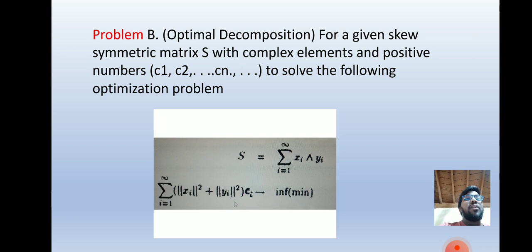To solve the following optimization problem, S is equal to sigma i equal to 1 to infinity of xi symmetric yi, minimizing sigma i equal to 1 to infinity of the modulus squared of xi plus the modulus squared of yi times ci, that is the infimum. Here the transpose of a matrix and the matrix are the same.